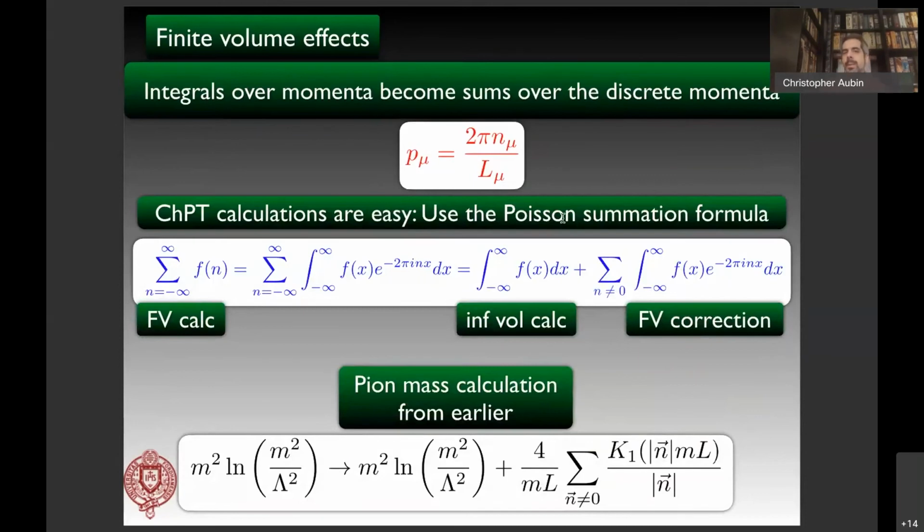And our momenta are discrete now. They're 2 pi over L times integers. We could just replace all of our integrals by sums, but we don't want to just do that, and I'll explain why shortly. Usually what we like to do is to modify our results by using what's known as the Poisson summation formula.